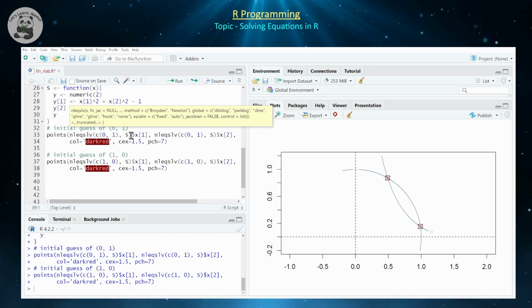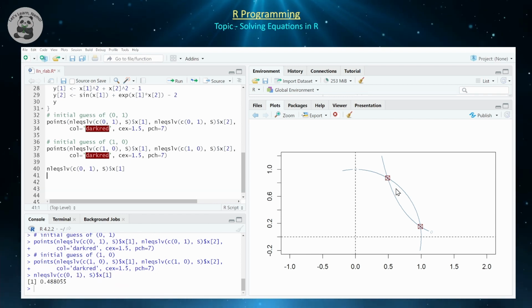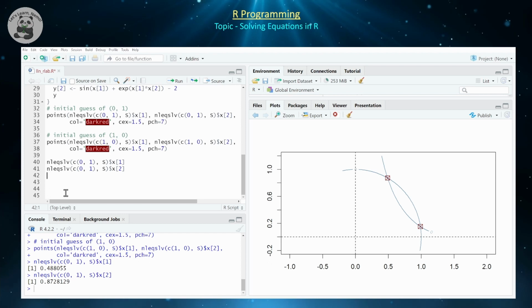Now, if you're not exactly sure what those values are, you can of course just copy and paste these values. So for example, here the x value for that first point is 0.48855, and then the y value of that first point is 0.8728.